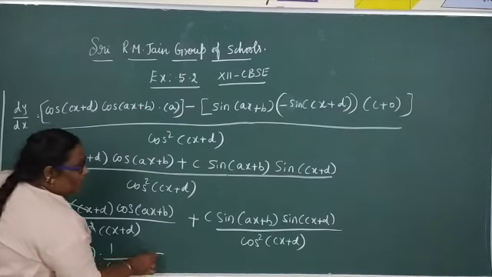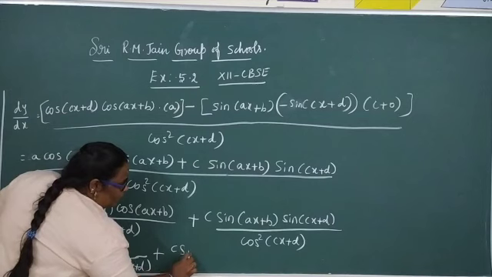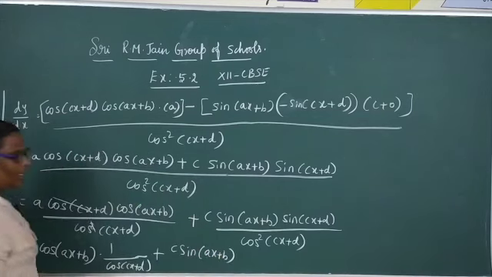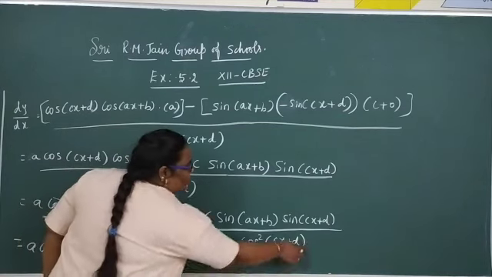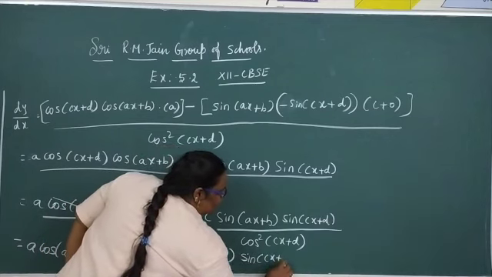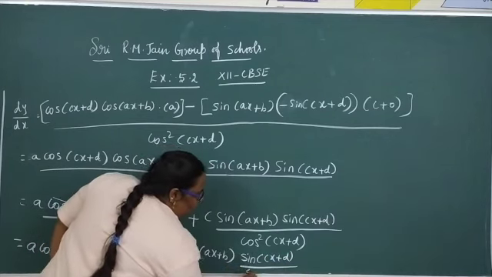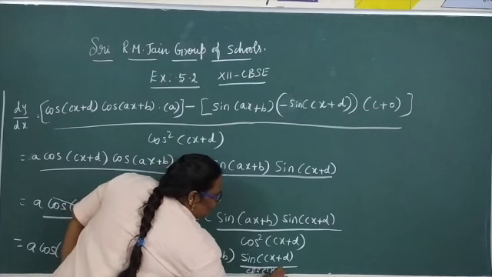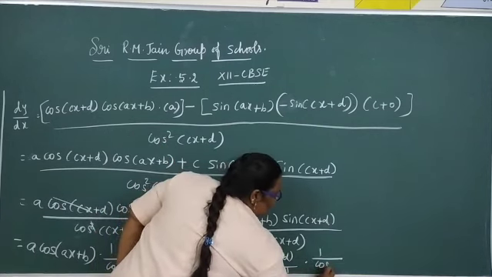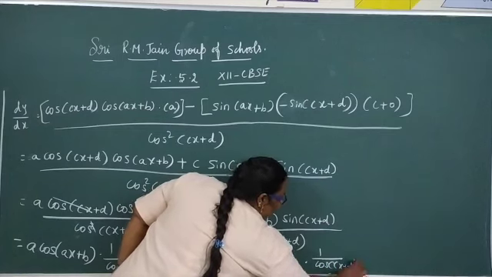The same way, here c into sine of ax plus b, and the square is there, so I can split the term like this: sine of cx plus d by cos of cx plus d into 1 by cos of cx plus d.